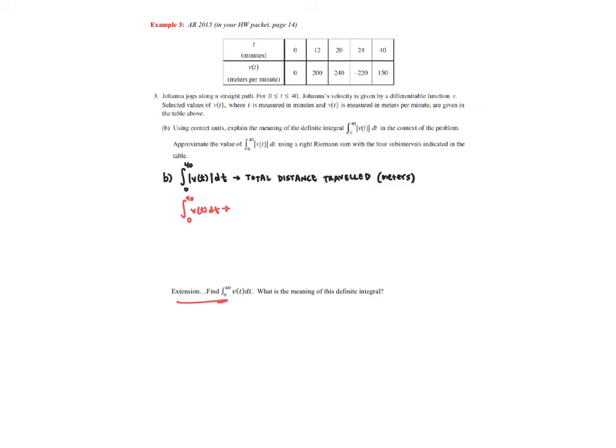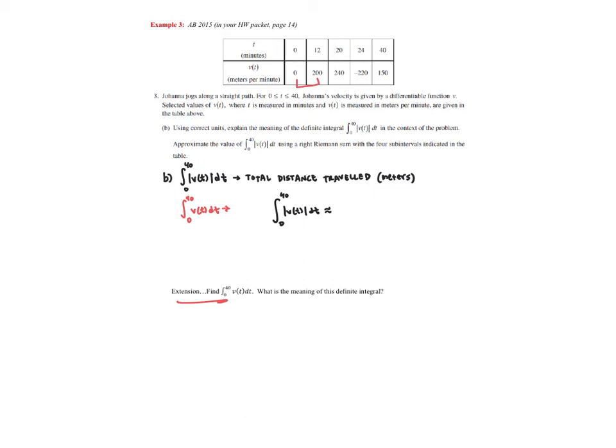Okay, so approximate the value of this integral. Let's go ahead and do that. Let me move this over here: the integral from 0 to 40 of the absolute value of v of t dt. Let's see how far Johanna jogged. For the first subinterval, what are we using here?